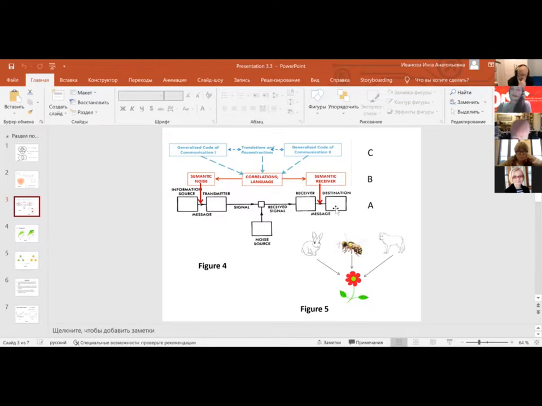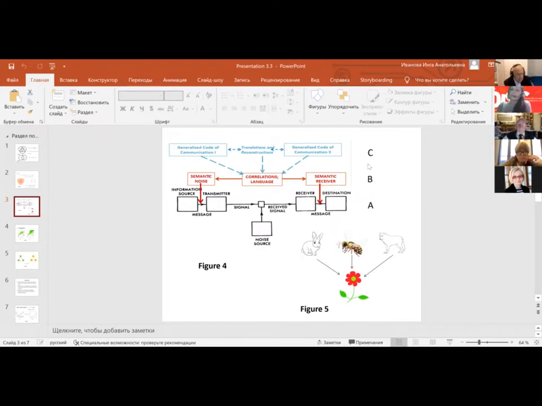But Weaver, considering this approach, added some so-called minor additions. He added a semantic noise box and a semantic receiver box. And at level B, the redundancy is actually generated, and the meaning is conveyed.